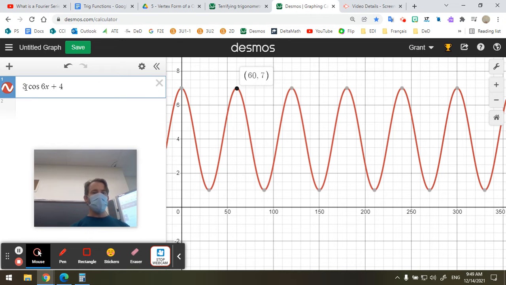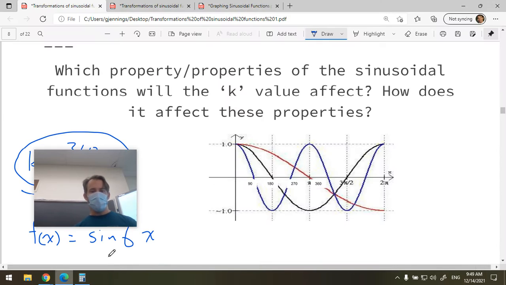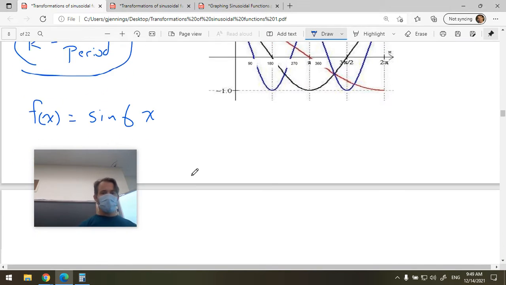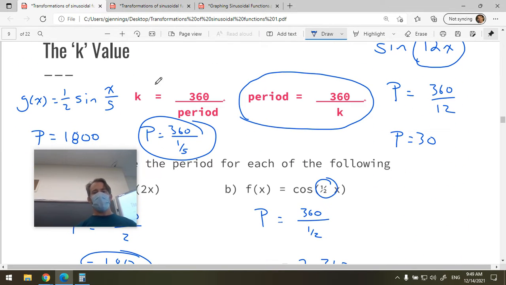Okay. Now how do we do this? How do we interpret these values of k? Well, let's take a look at some formulas. The formulas are k is equal to 360 over the period. So I wanted a period of 60 seconds. So in my mental arithmetic brain, I put 360 over 60, and that output 6.